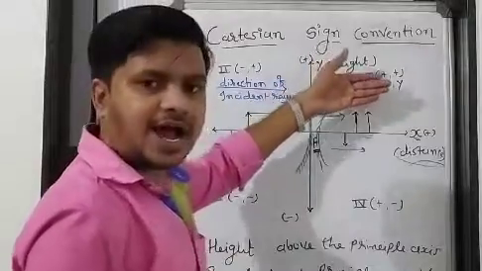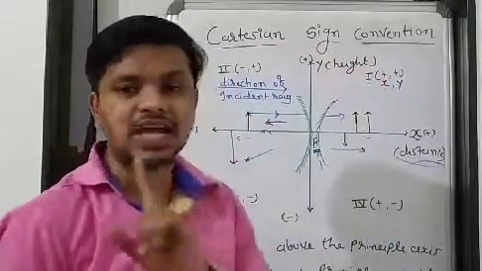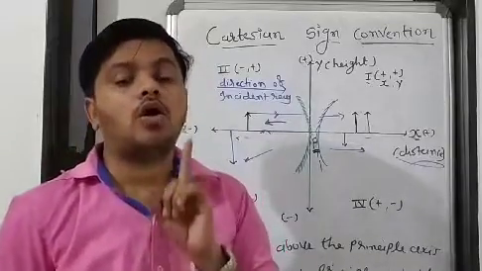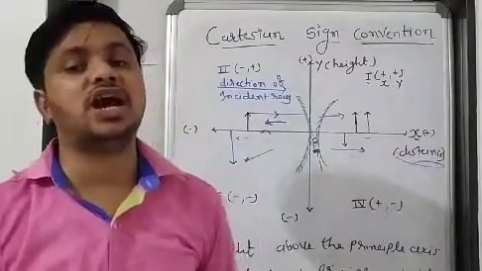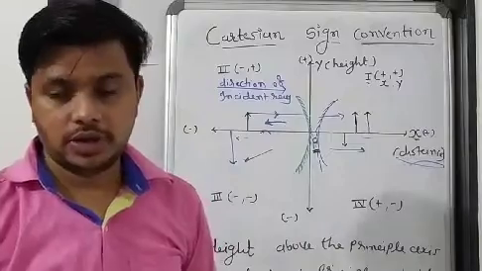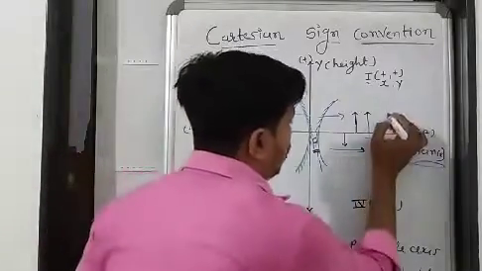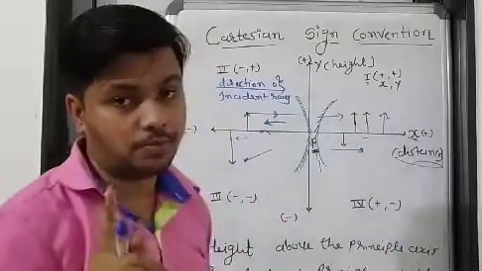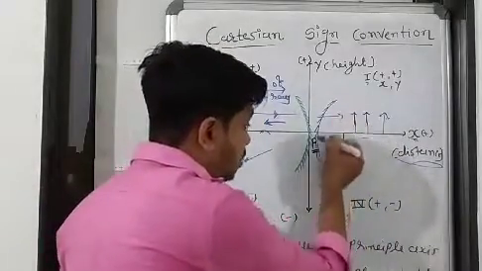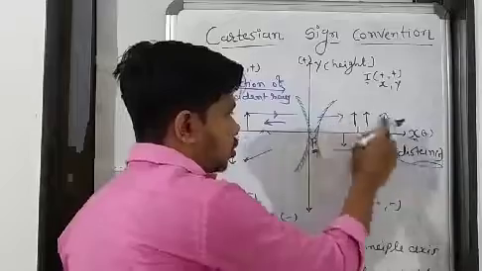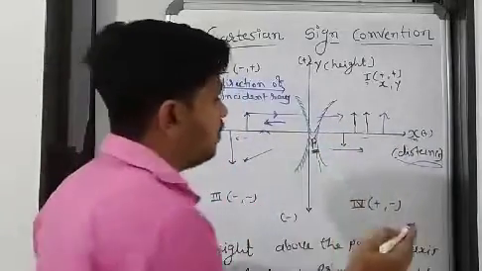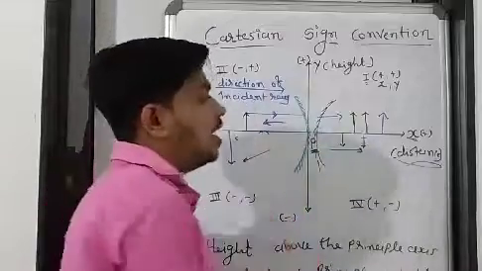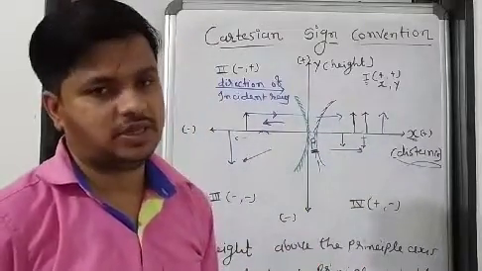Above the principal axis, height is positive. Below the principal axis, height is negative. But as I said, the object distances are always negative, right? So here, if you take the object here, you have to take this distance as negative because the reflecting surface is on that side. So the object should be negative. And if the image is formed here, it is also negative. But on the other side, you take it as positive.